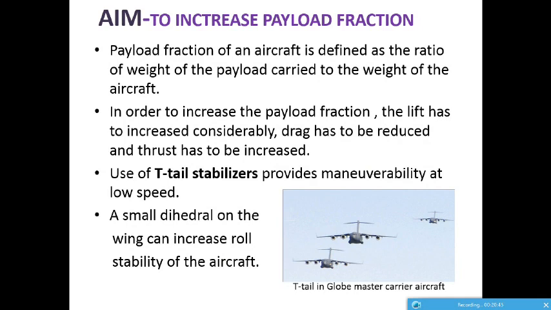So let's discuss T-tail stabilizers first, which provide maneuverability at low speed. T-tail stabilizers are so called because of their T-shaped appearance, as you can see in this Globemaster carrier aircraft with a T-tail.